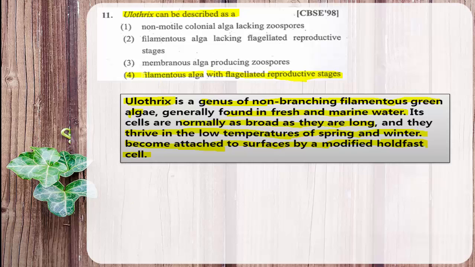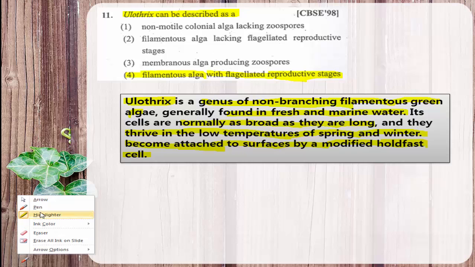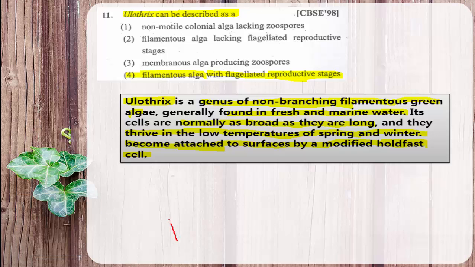And remember, Ulothrix is a filamentous green alga. It is non-branching. That means the filament remains like this. Almost all the cells are of the same size except the lower cell called the holdfast. The holdfast is a little bit larger and it gets attached to the substratum. This is the unbranched condition.